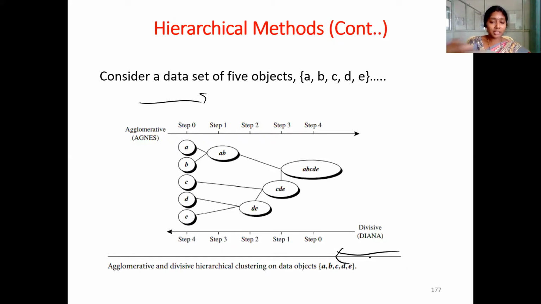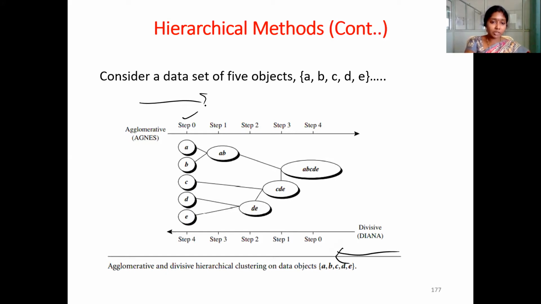In the agglomerative approach, since we have only 5 data points, we need to start by imagining each and every data point as an individual cluster.